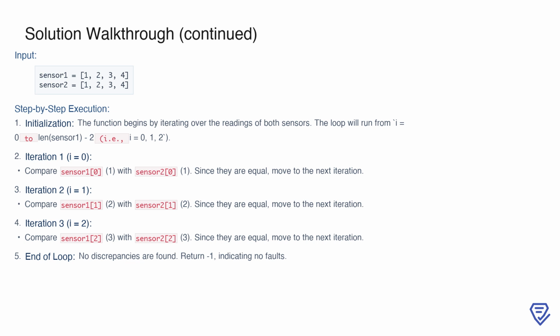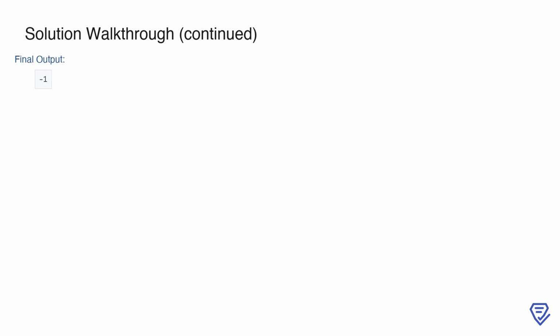By the end of the loop, all readings match perfectly, and no discrepancies are found between the two sensors. Since no discrepancies were detected throughout the iteration, the function returns -1 to indicate that neither sensor is faulty. This example demonstrates the case where both sensors operate correctly, and their readings are fully consistent with each other.